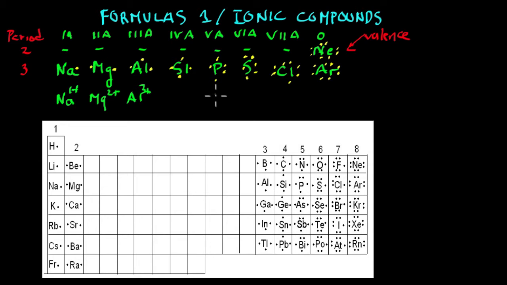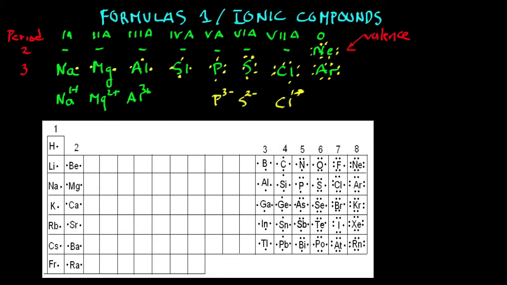Phosphorus now has 5. It's easier to gain 3 than to lose 5. Sulfur gains 2. Chlorine gains 1. And of course, whoops, it's minus. And argon is a noble gas. So you have 1, 2, 3, 3, 2, 1.